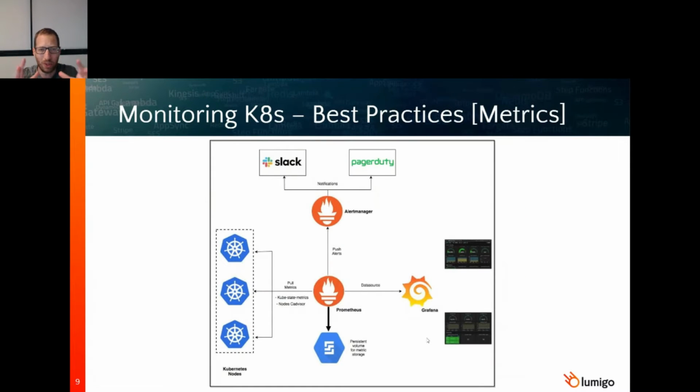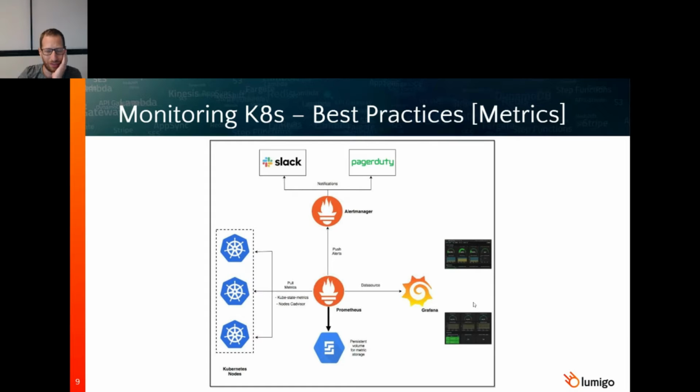When monitoring, first and foremost, we talked about alerts and metrics. There are great plugins and agents for Kubernetes by Prometheus, and you can use those to pull metrics out of the Kubernetes nodes, write them to some persistent data store, whatever you choose, ship the alerts through your selected notification channel, and visualize them using Grafana.